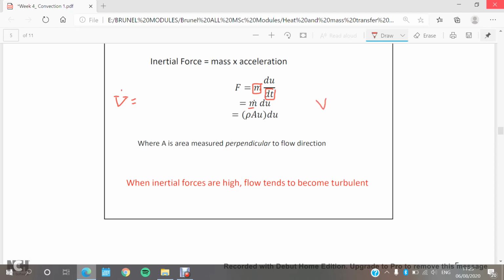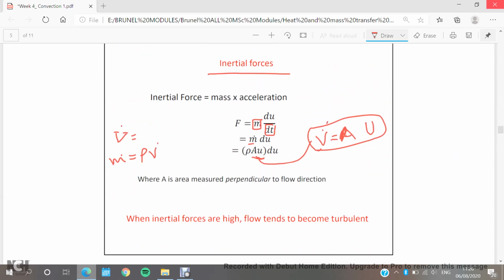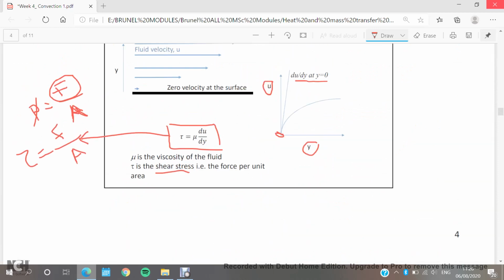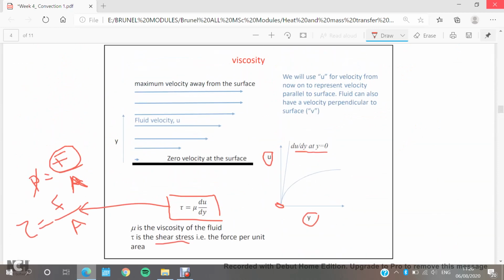And v dot, the volume flow rate, according to the continuity equation, is equal to the cross-section area times velocity, A times U. So m dot equals rho times A times U. So the second force acting on the fluid moving over a horizontal plate is the inertia force.